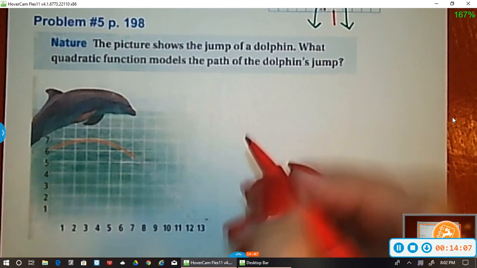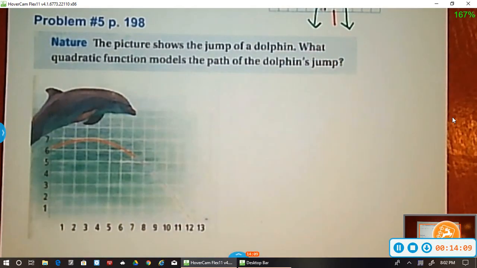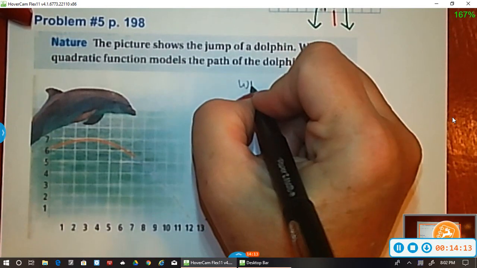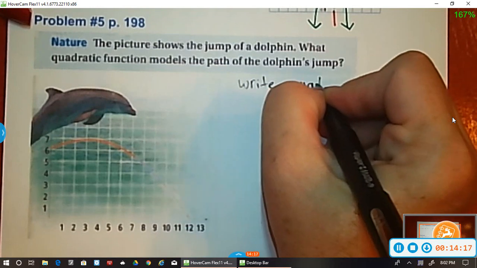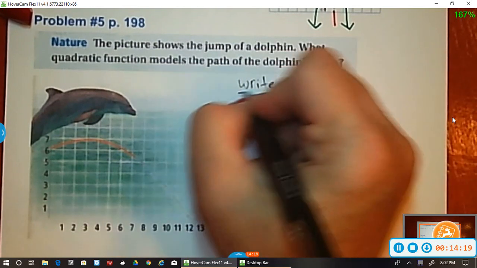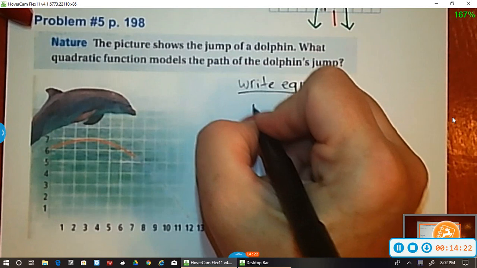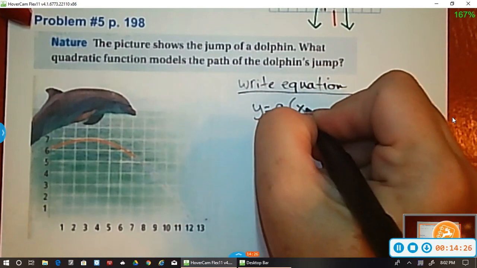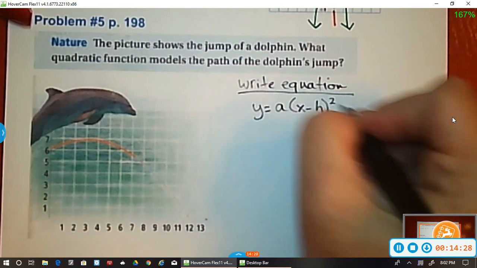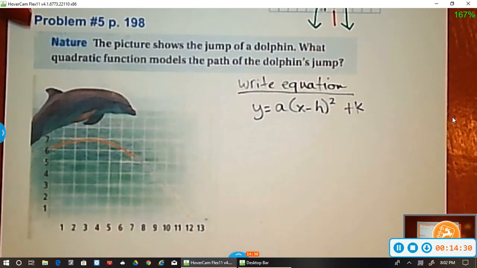Okay, so what I want to do is write an equation in the form y equals a times (x minus h) squared plus k.